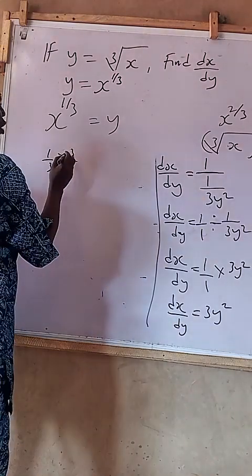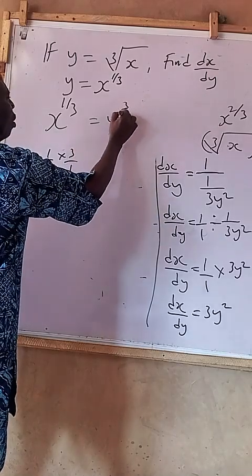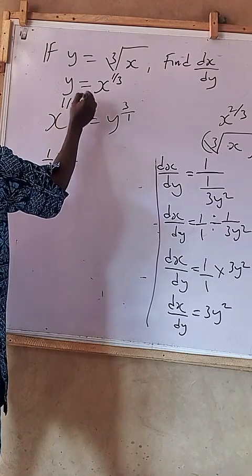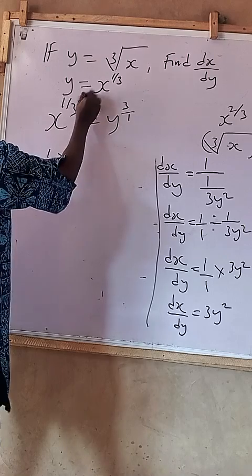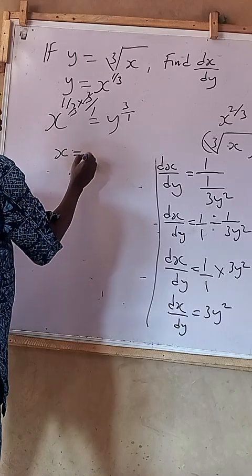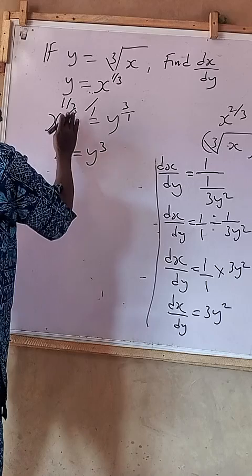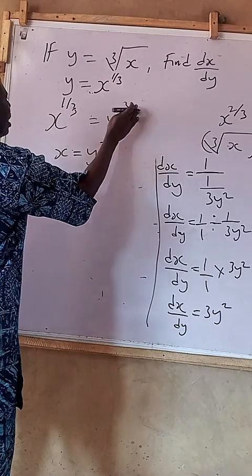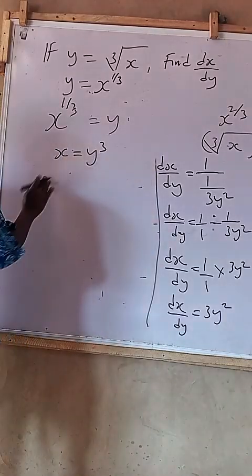So now, this one will now be 3 over 1, which means inverse of this will be times 3 over 1. So our x now will be y raised to power 3. So that is it. We have been able to make x the subject of the formula.